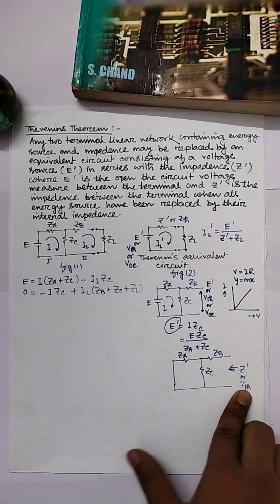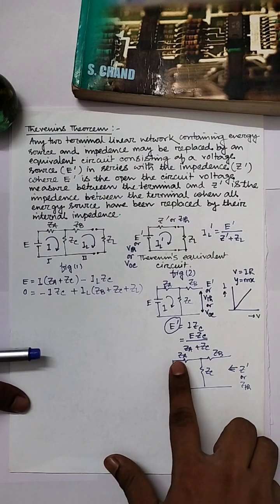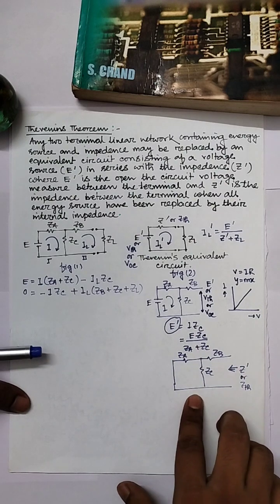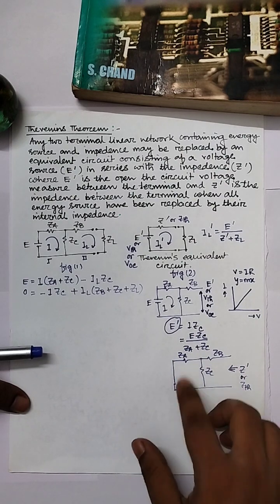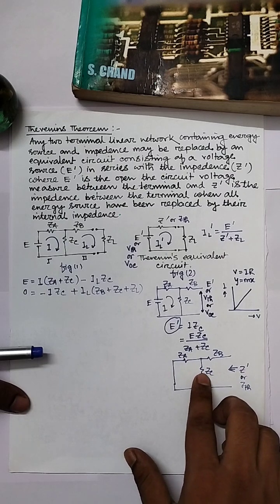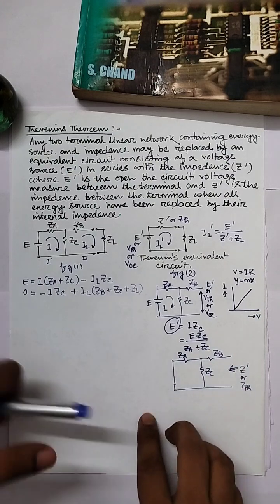From this circuit diagram, the equivalent resistance of this circuit, that means ZA, ZB, ZC, ZA and ZC both are parallel and ZB is in series with them.